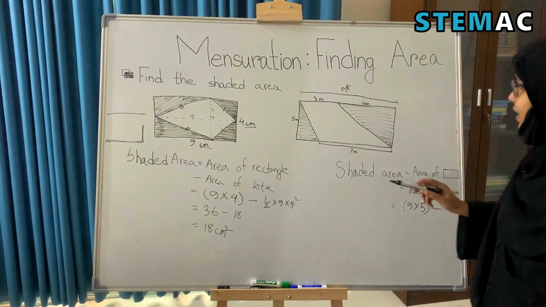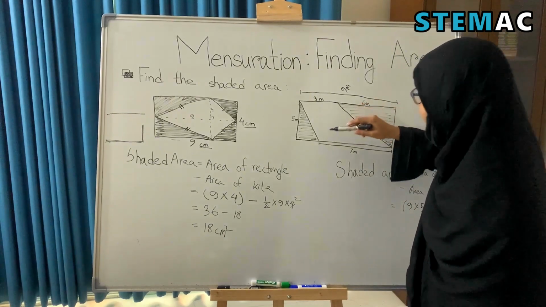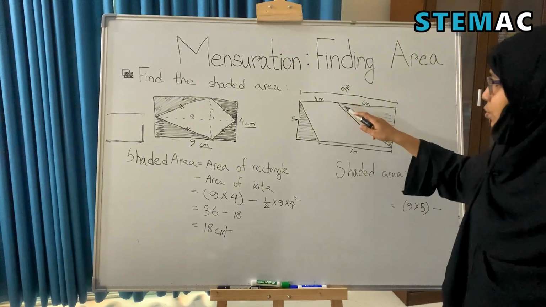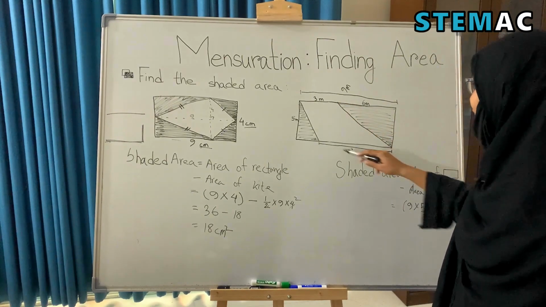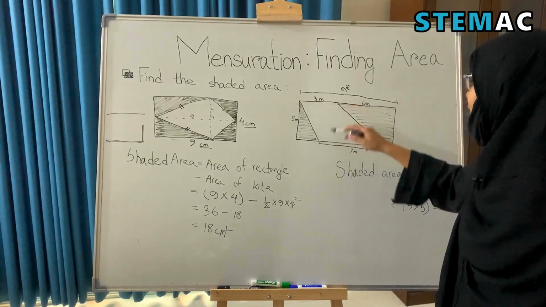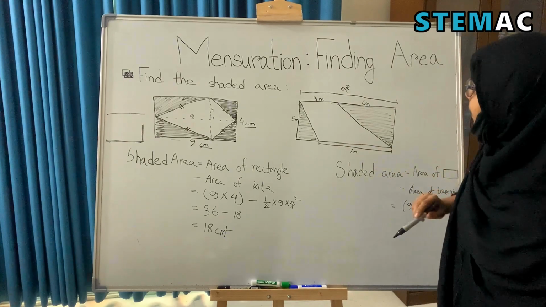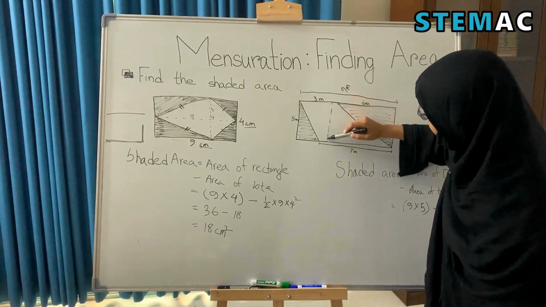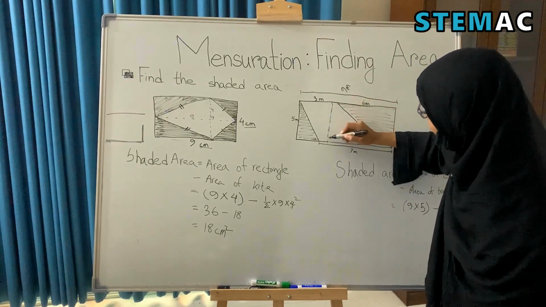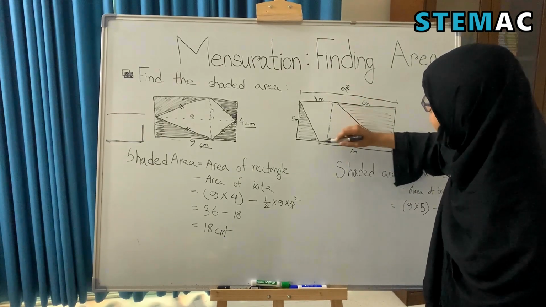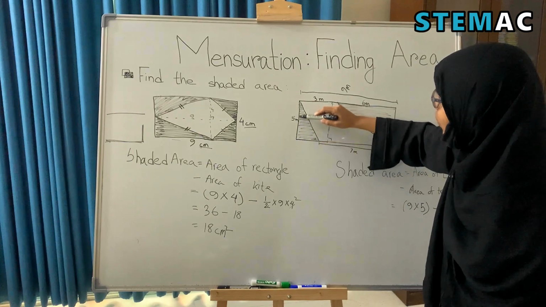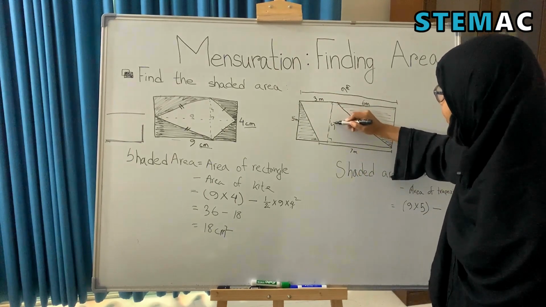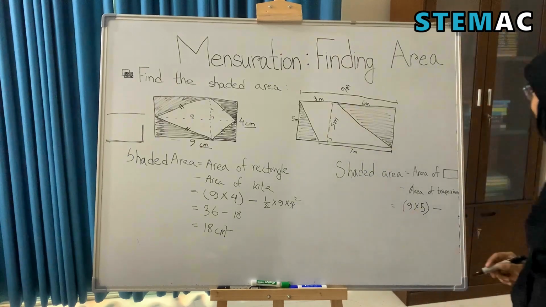So, area of trapezium, we already know that area of trapezium is half into length of the two opposite parallel sides, that means 3 and 7, and the height between them. This height between them is parallel and equal in length to this side of the rectangle. So, that would also be 5 meter.